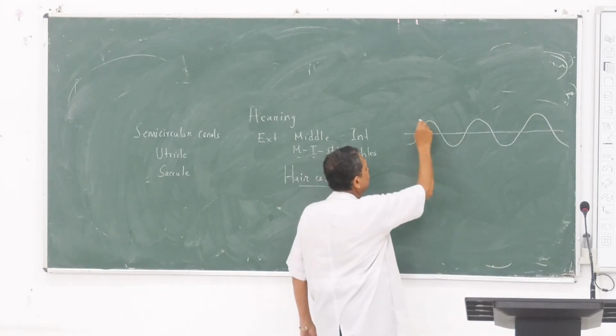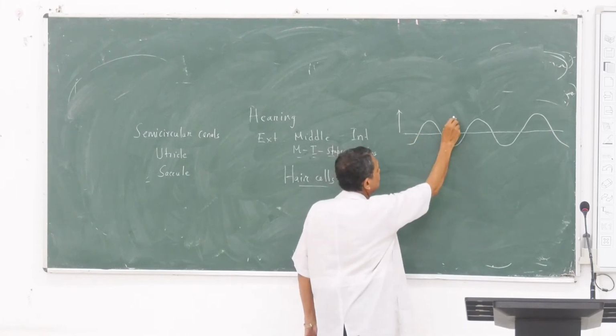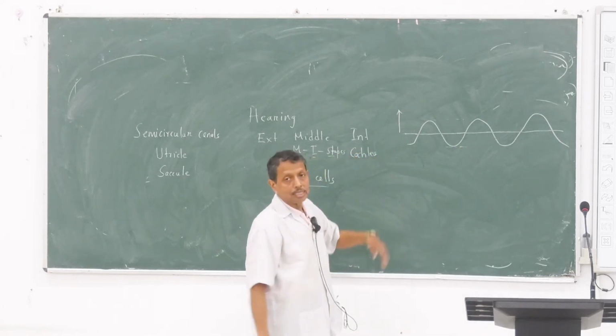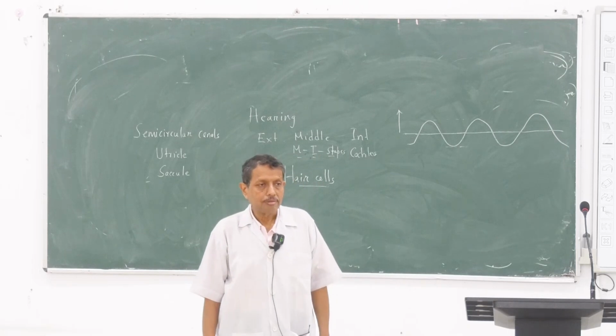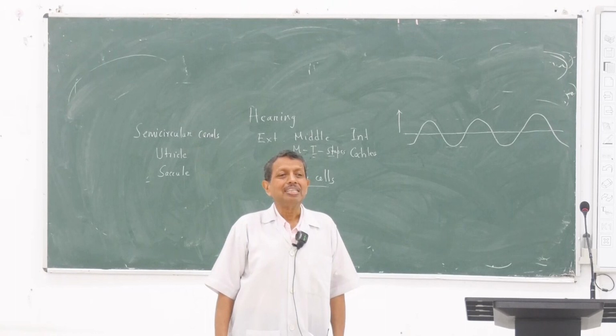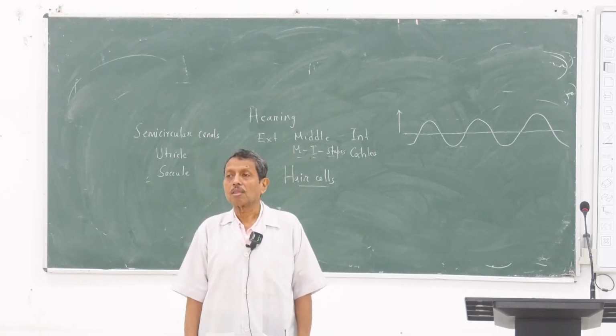In this direction, from this to this, is the amplitude. And normally the amplitude denotes the loudness of the sound, the intensity of the sound.